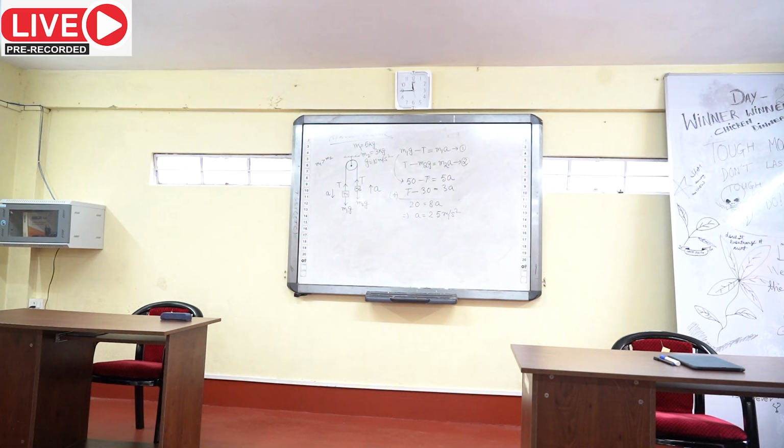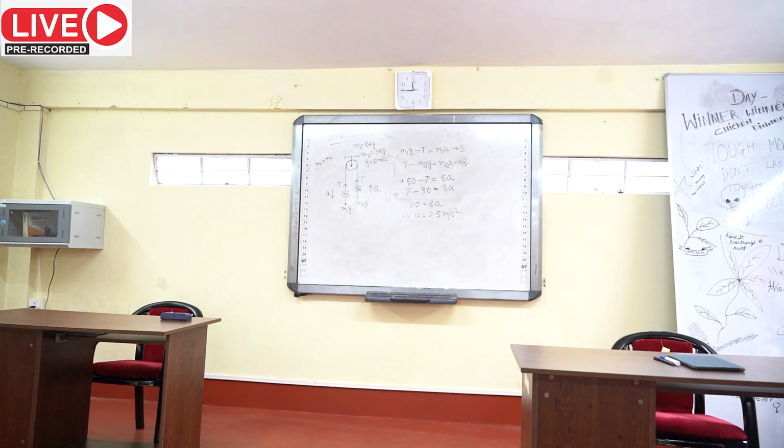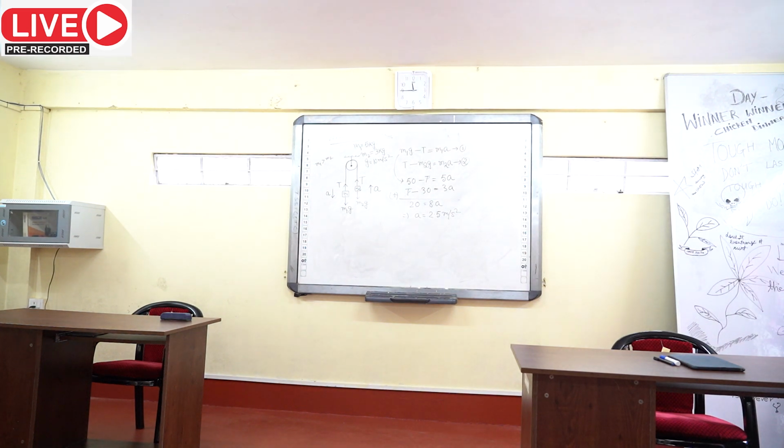Add these two. Minus T is in the first equation, plus T is in the second. 50 minus 30 will be on one side. On the other side, 5A plus 3A will be 8A. 20 by 8 means 5 by 2.